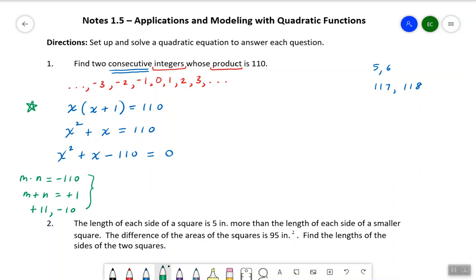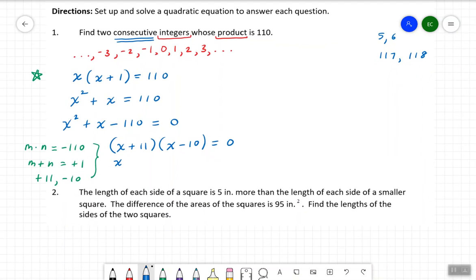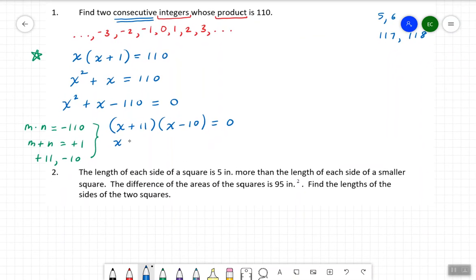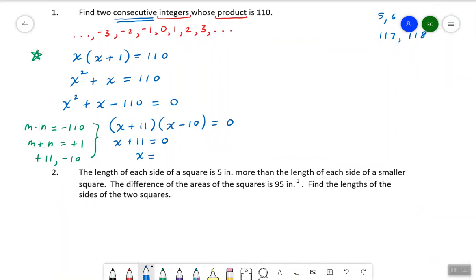And so we can take those two numbers and write the factors x plus 11 and x minus 10. Their product is equal to 0. And so if we have x plus 11 equals 0, then x is equal to negative 11. And if we have x minus 10 is equal to 0, then we have x is equal to 10.